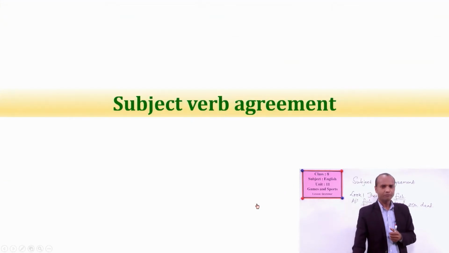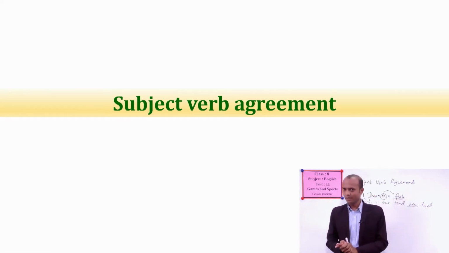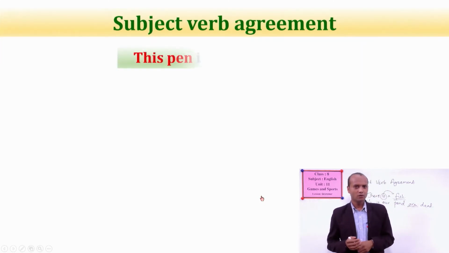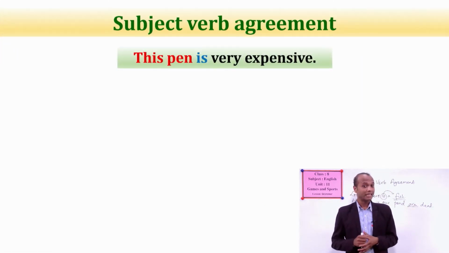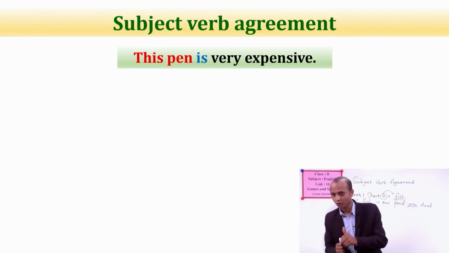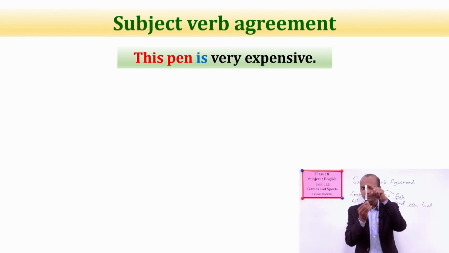Thank you. Let's see what subject-verb agreement is and how it applies. You can see here, this pen is very expensive. Got it? So what are the subject and verb? What is the subject? Brilliant. This pen is the subject, for example, this pen, this is a marker.